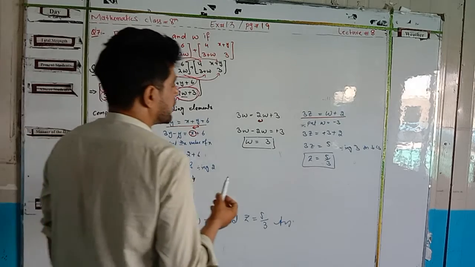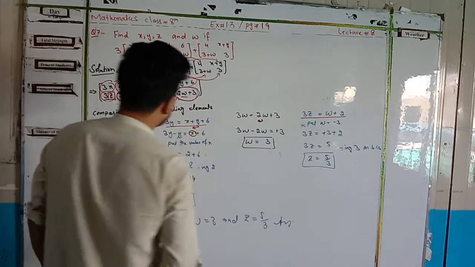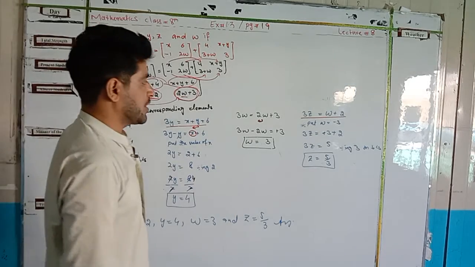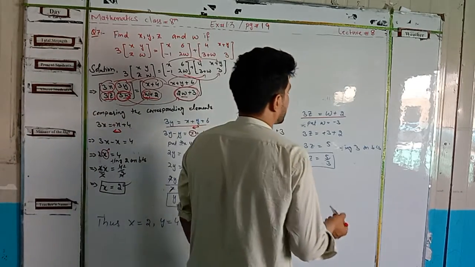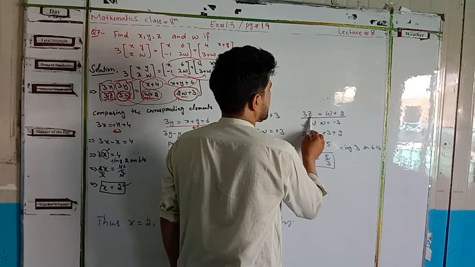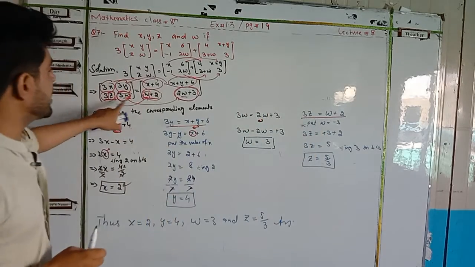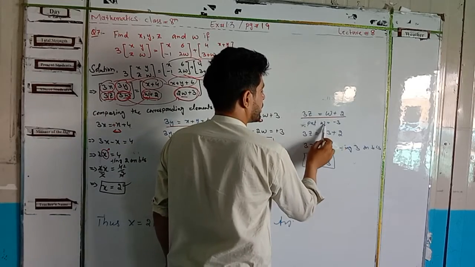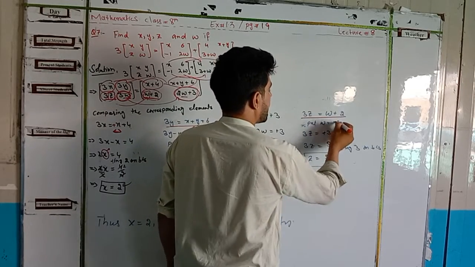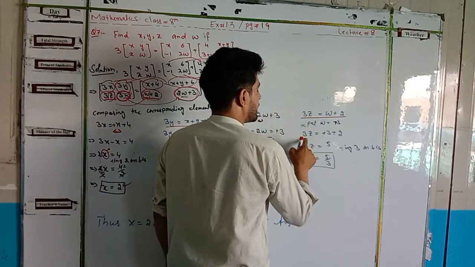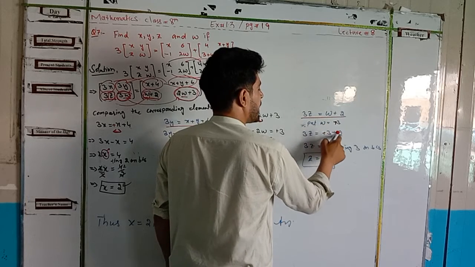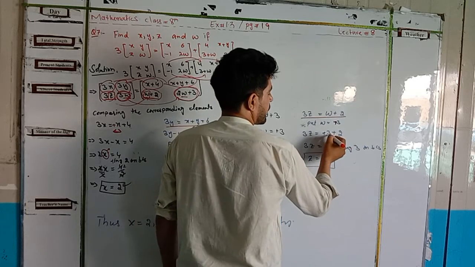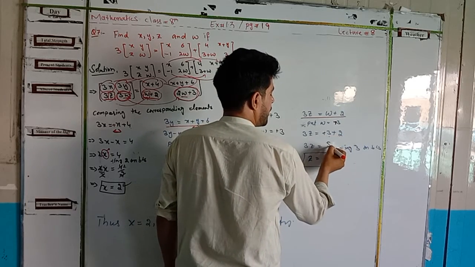Now we put the value of w in the third equation, third element equal to third element: 3z is equal to w plus 2. Put w equal to 3, 3z is equal to 3 plus 2, which is 5.